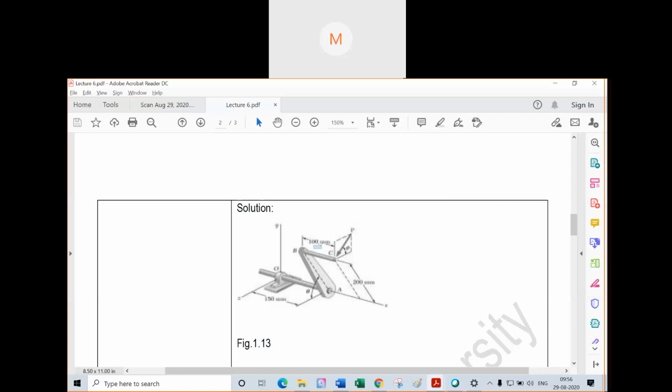This is 100 mm. This is 150 mm. This is 200 mm. You just try to solve it, okay? This is a difficult sum. It might not be possible for you. Then we can discuss in the next class.